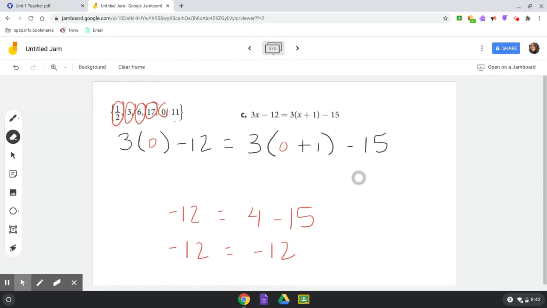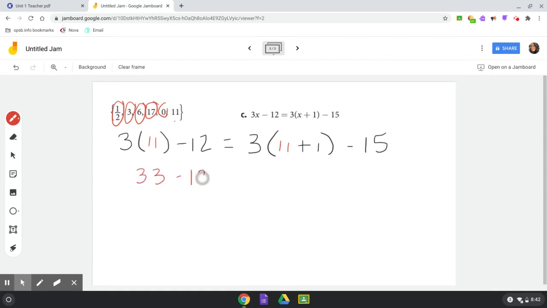Okay, so now let's go to the last one, 11. When I substitute in 11, what happens? When I substitute in 11, I've got 33 minus 12 equals 3 times 12 minus 15. 33 minus 12 leaves you with 21. 3 times 12 is 36.